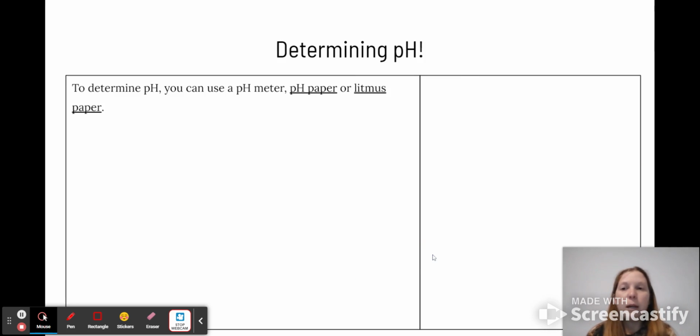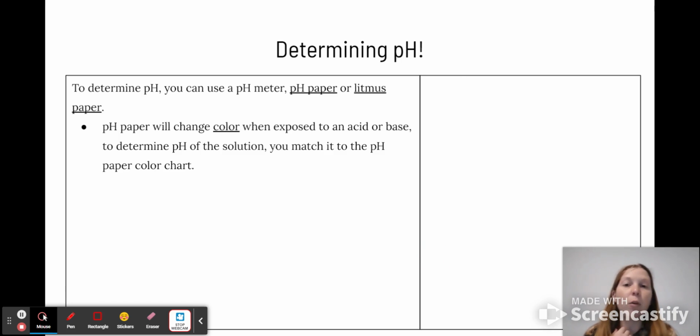So when determining pH, you can use a pH meter, but those are kind of expensive. So normally we rely on pH paper or litmus paper. pH paper will change color when exposed to an acid or a base, and depending on what the pH of that solution is, will show you which color. So you've got a range of colors. Let's say a really dark blue would be a pH of 13 or 14.